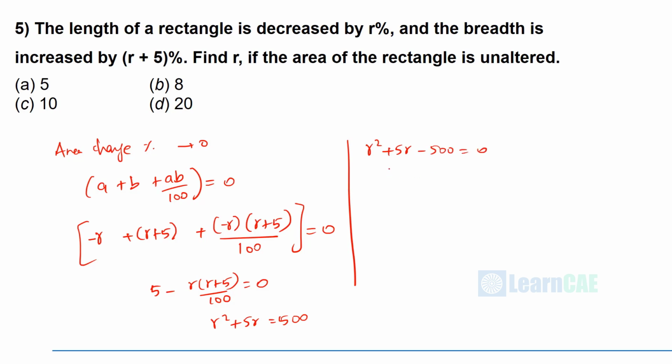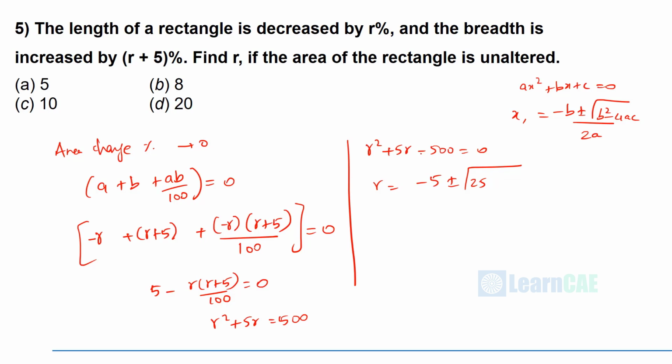We can solve this quadratic equation through this formula. The roots will be given by x is equal to minus b plus or minus the square root of b square minus 4ac, all divided by 2a. This is for the equation ax square plus bx plus c equal to 0. As you know, for finding out the values of x, you have to use this formula. So similarly, here r is equal to minus b plus or minus the square root of b square, that is 25, minus 4ac.